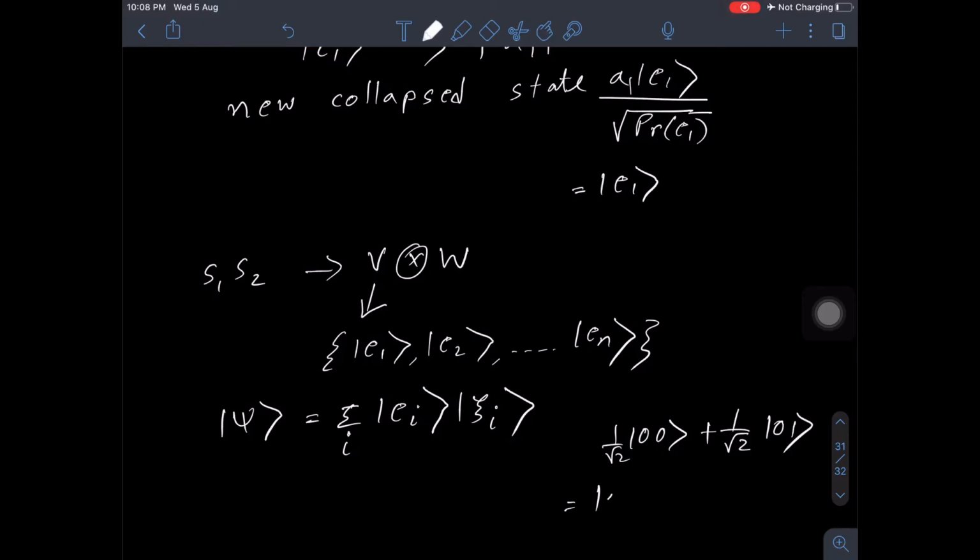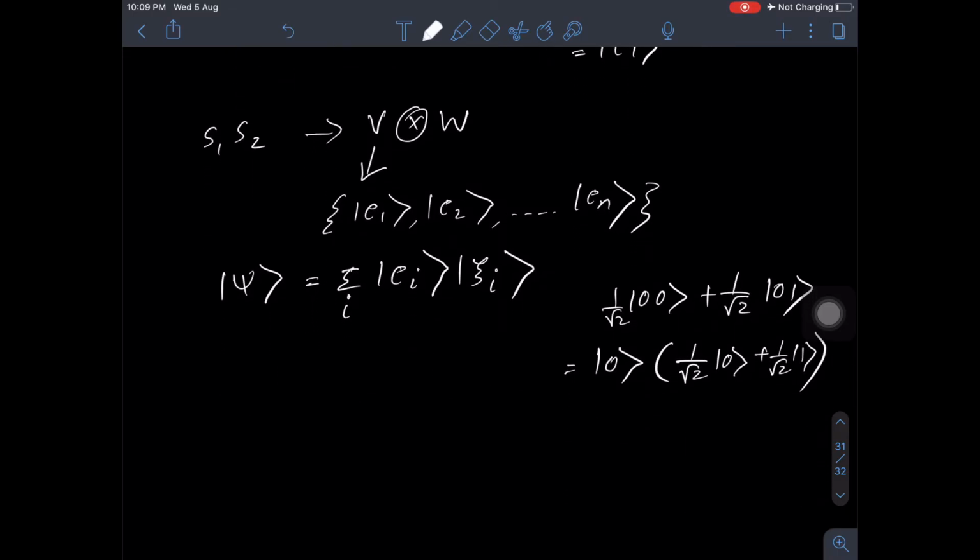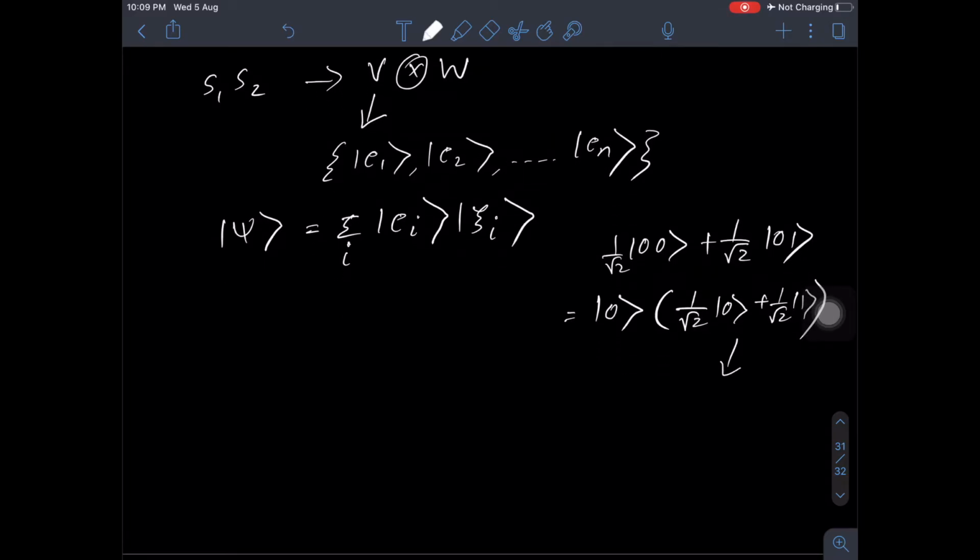I can write it as 0 times 1 by square root of 2 0 plus 1 by square root of 2 1. This is the second qubit part in the parenthesis. So this is like your xi, and this is your EI here. I'm comparing these two. All right. So this is how it looks. I can write a multiple qubit, I mean a composite system, like this equation.